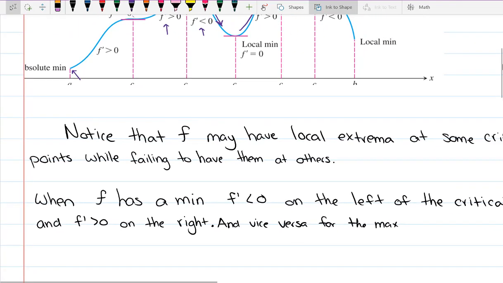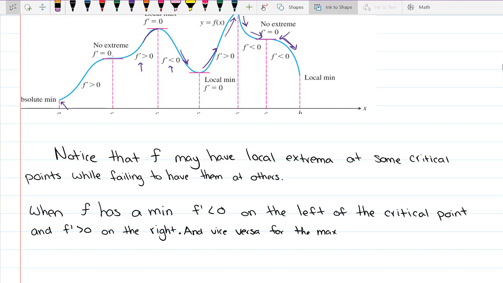Notice that f may have a local extrema at some critical values while failing to have them at others. When f has a minimum, f prime is less than 0 on the left side, and f prime is greater than 0 on the right side, and vice versa for the max.